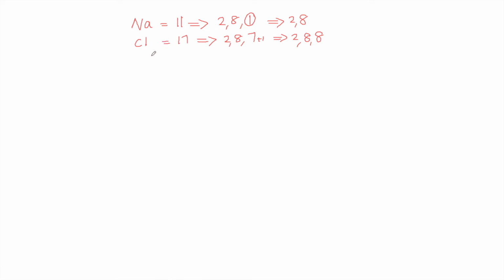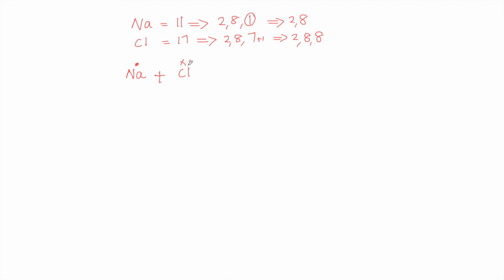This transfer of electrons between the metal and nonmetal we will represent with the help of an electron dot structure. First we write the metal sodium. How many electrons in the outermost shell? 1 electron, right? So that electron we will represent here. Plus chlorine, the nonmetal. How many electrons in the outermost shell? That is 7.